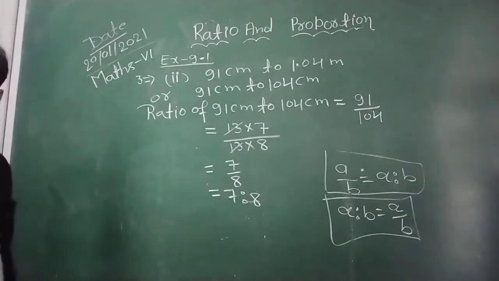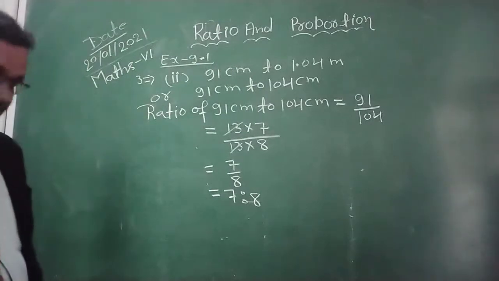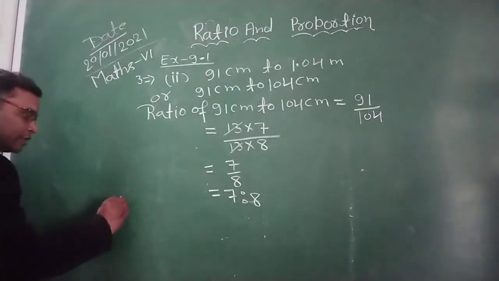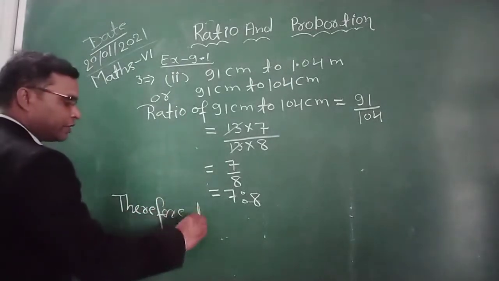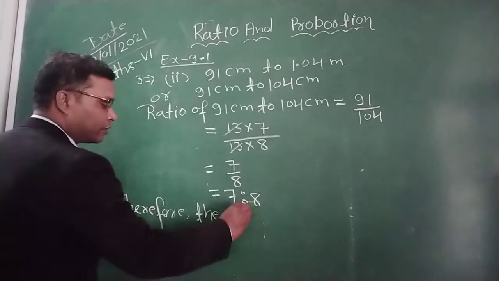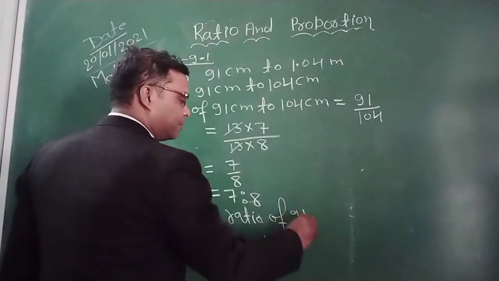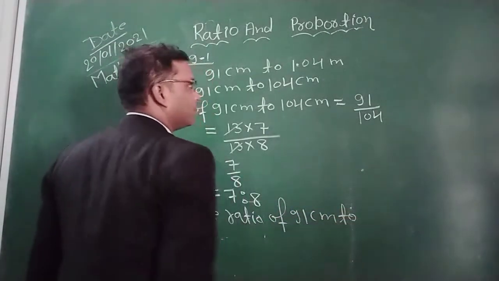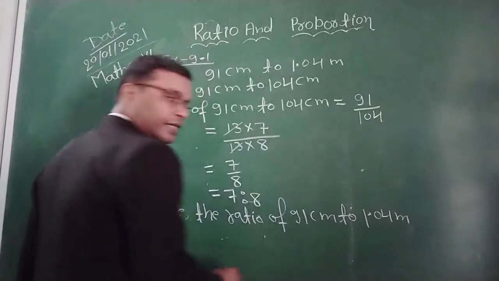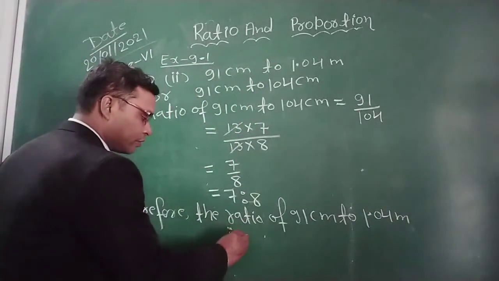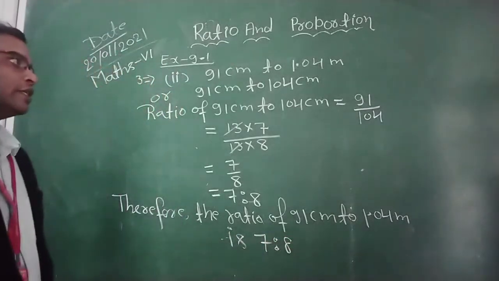Now at last we can write, therefore the ratio of 91 centimeter to 1.04 meter is 7 ratio 8. This is clear?